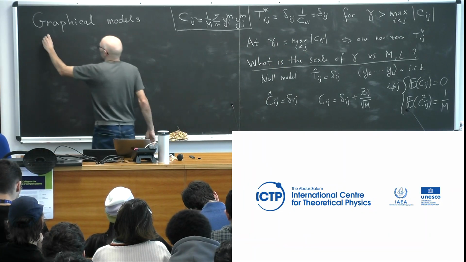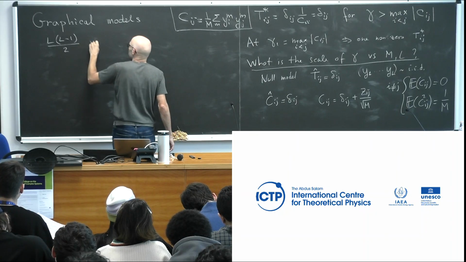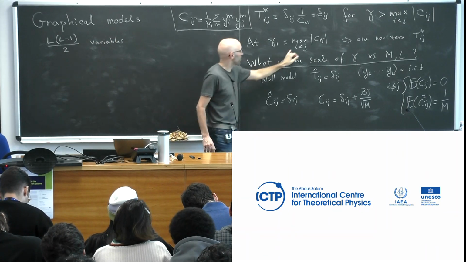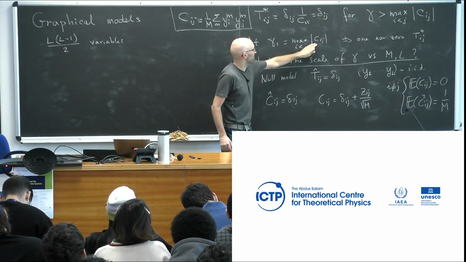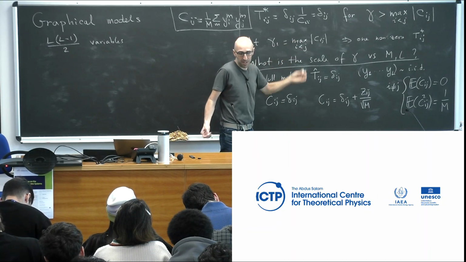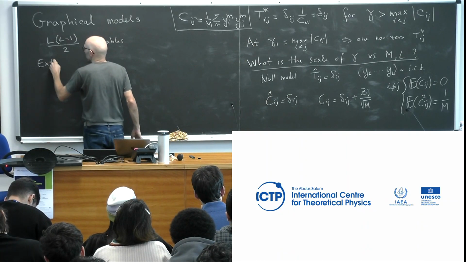So I need the maximum of C. I have L times L minus 1 over 2 variables that are all the possible off-diagonal elements of C, and I want to know the probability of the biggest one. How do I do that? I do this by what is called extreme value statistics.